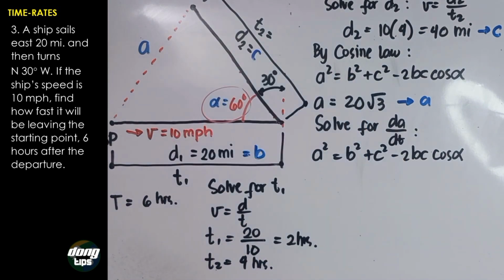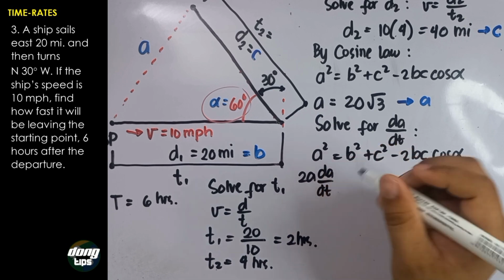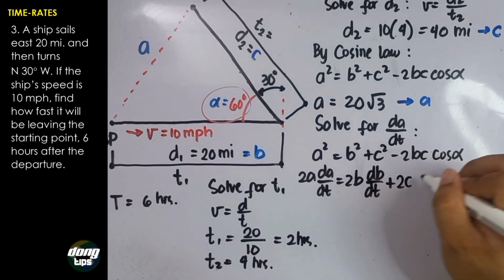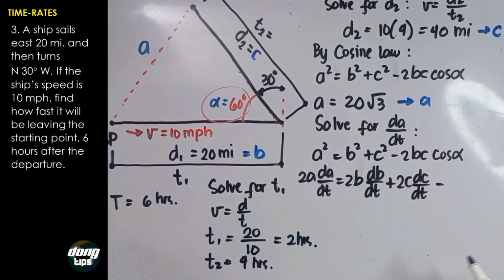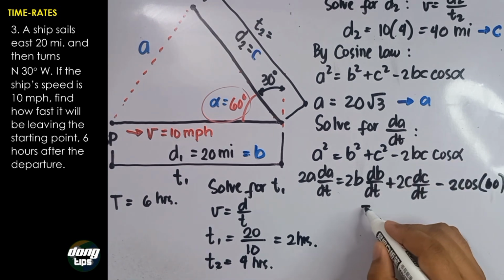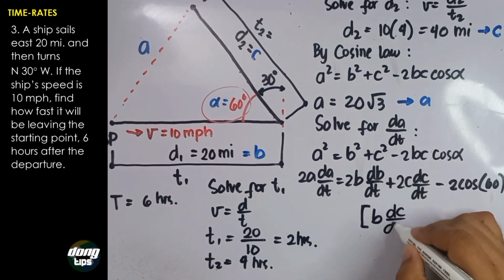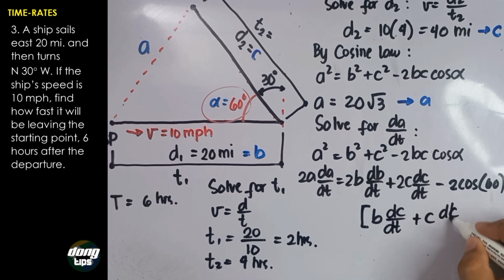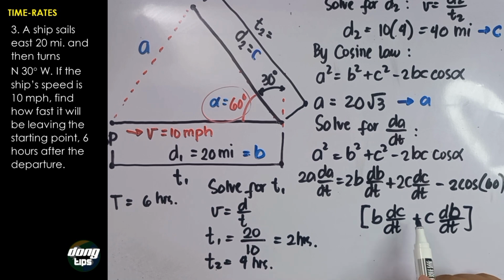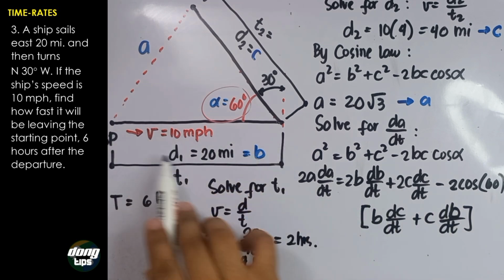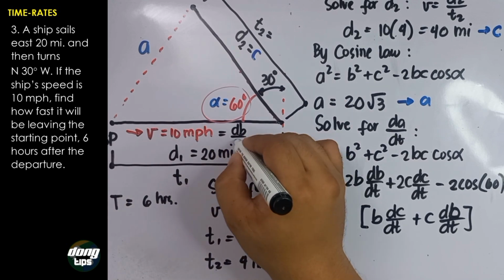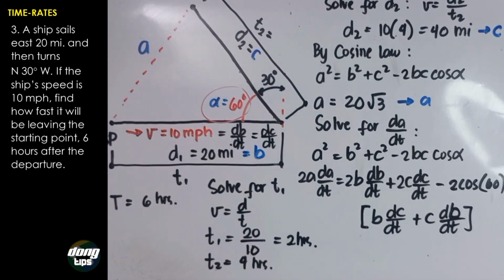Angle alpha is constant. And the answer is 8.66 miles per hour.